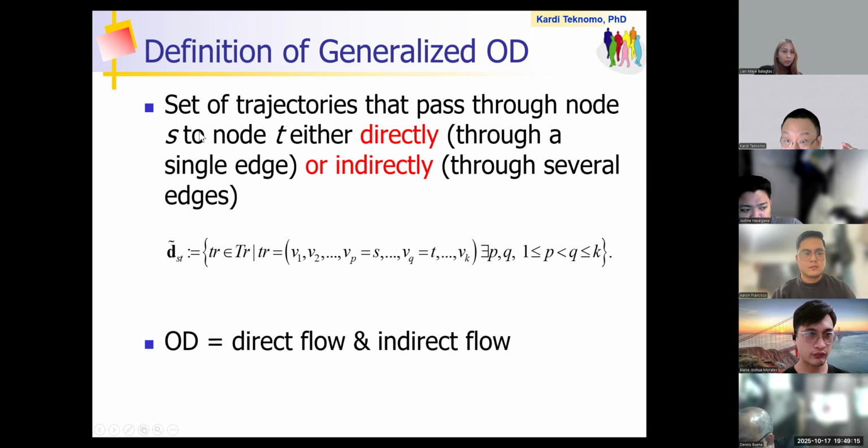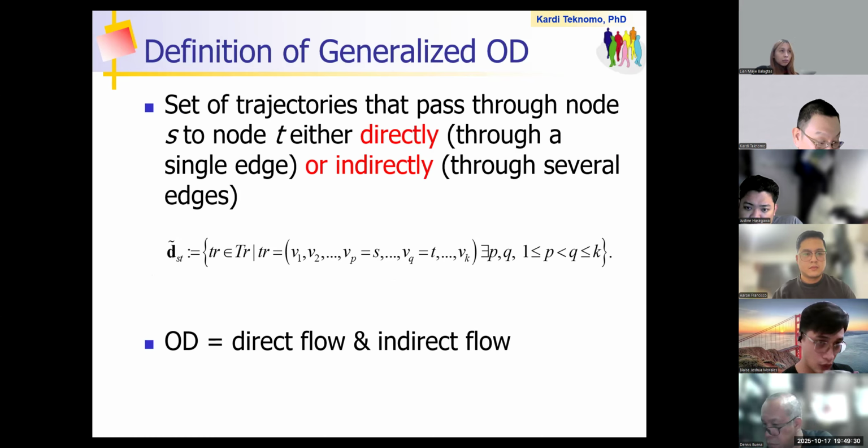So generalized OD is a set of trajectories that pass through node S to node T, either directly or indirectly. Directly means a single edge. Indirectly means a path, the indirect links.